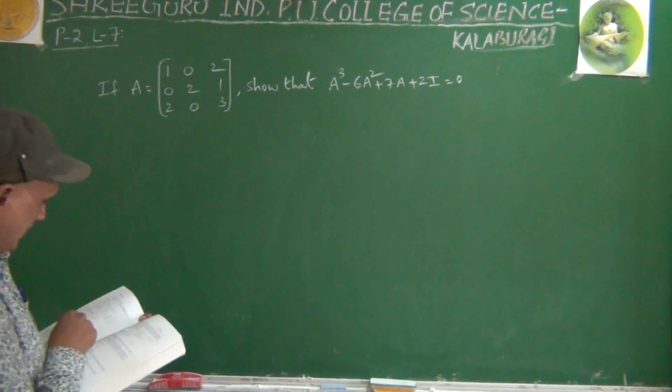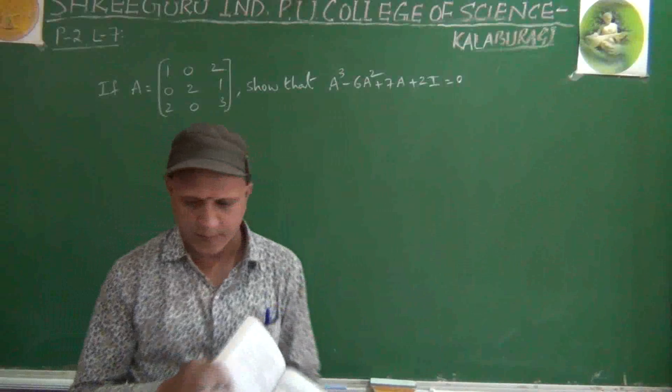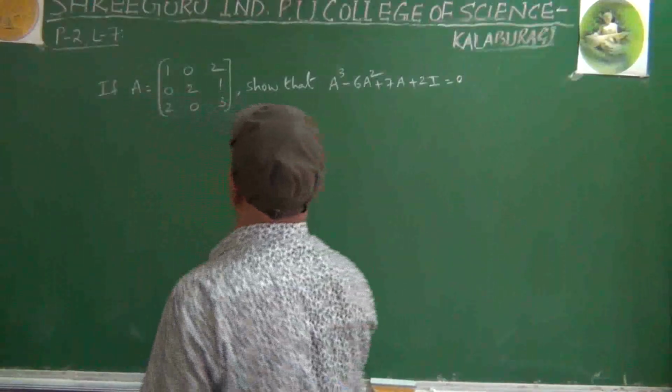A cube minus 6A square plus 7A plus 2I equal to 0. This question you have to do as homework.